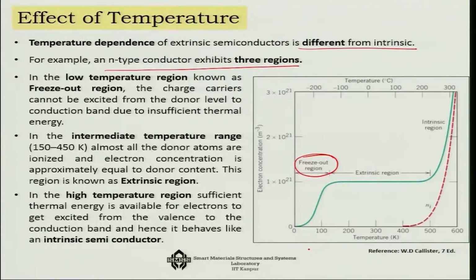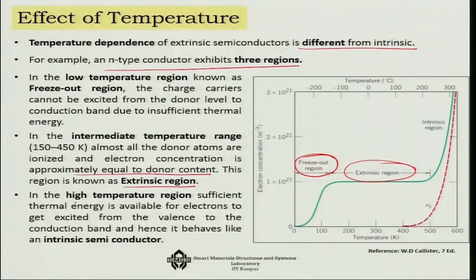In the intermediate temperature range, almost all the donor atoms are ionized and the electron concentration is approximately equal to the donor content. This region is also known as the extrinsic region.